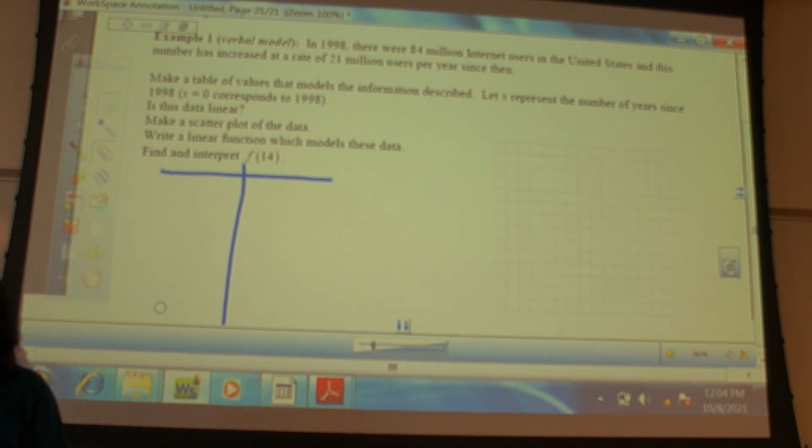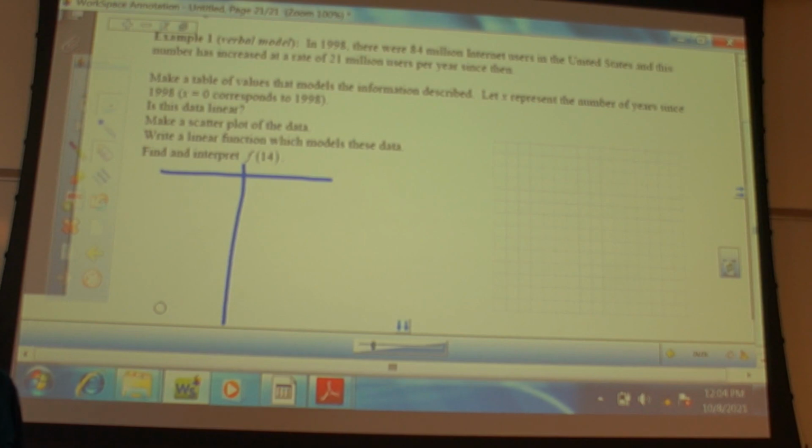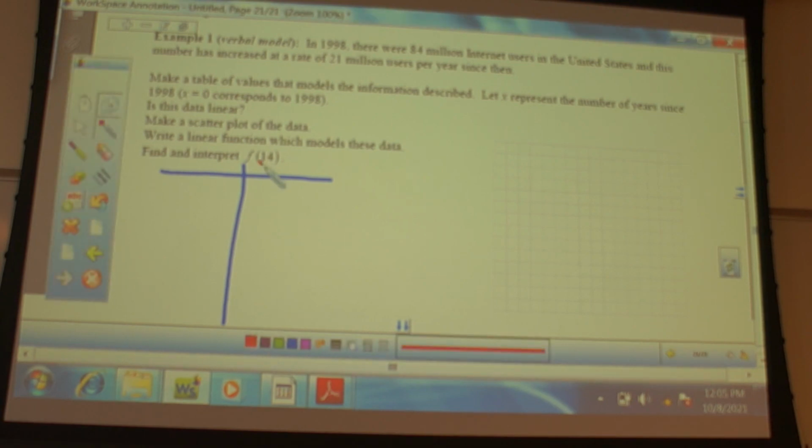We really can't control either one. But what we usually do is have time be our x, or whatever we can control. So our years is going to be our x, right? And then the number of users is going to be my y. So my y is the number of users.